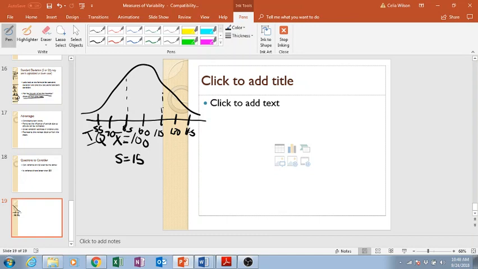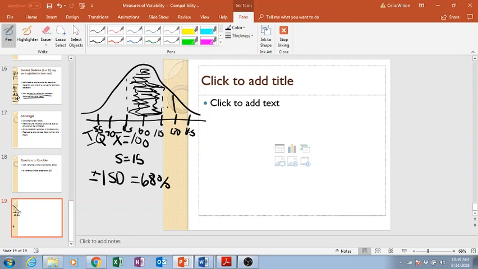And that is that plus or minus 1 standard deviation, you're going to capture about 68% of your population. So 68% of people have an IQ score that falls plus or minus 1 standard deviation. So 115 to 85 captures about 68% of the people.